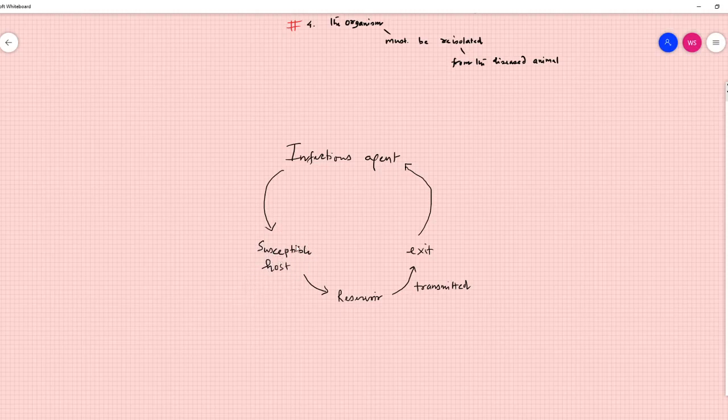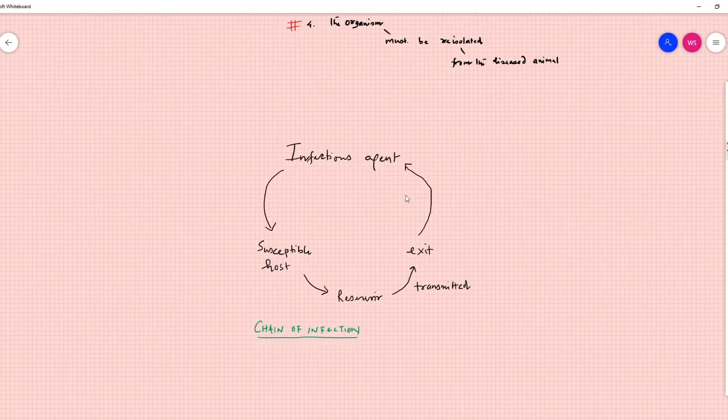So this infected host now becomes a reservoir in the community, and from him or her, it can be transmitted by different ways, and it can affect other susceptible hosts. Okay, so this is called a chain of infection.